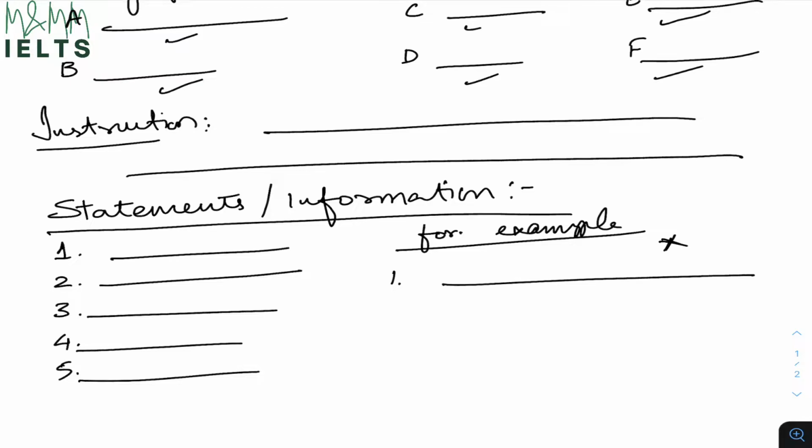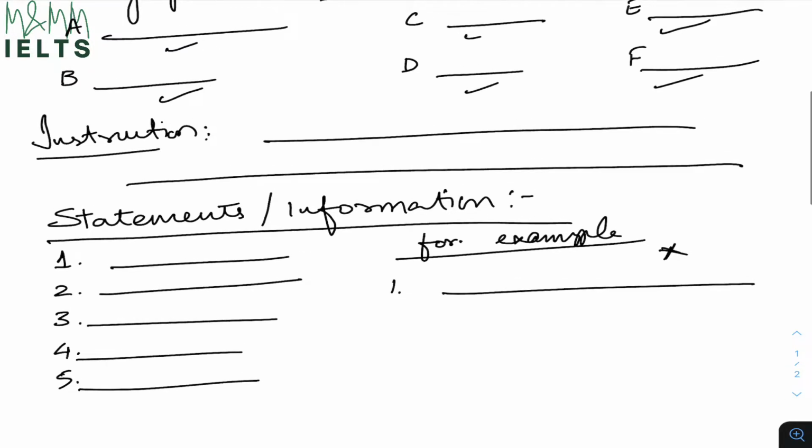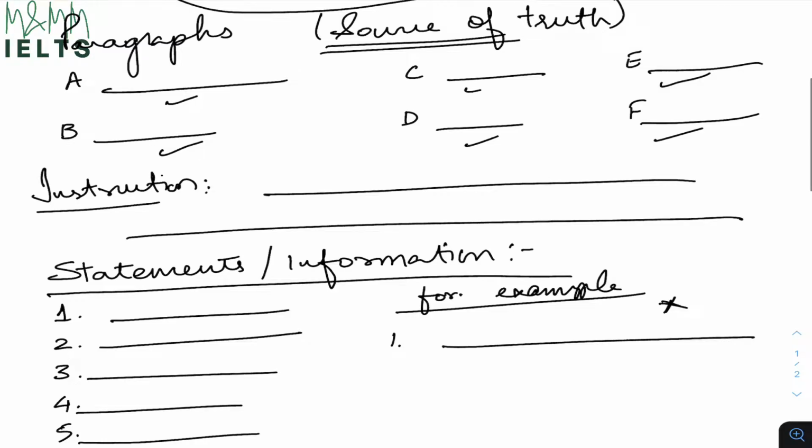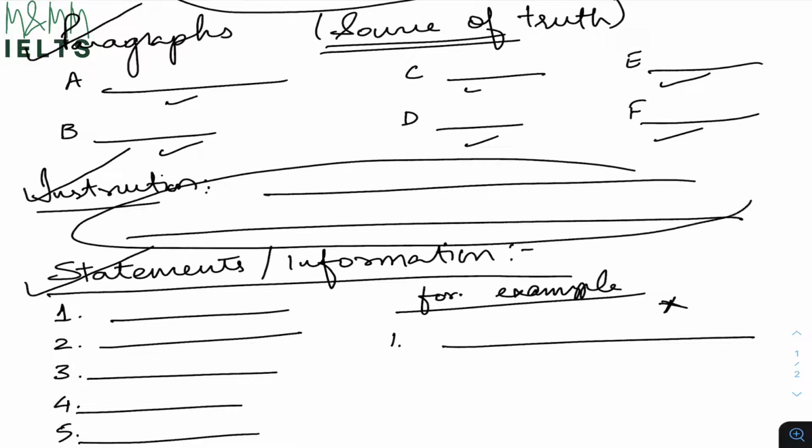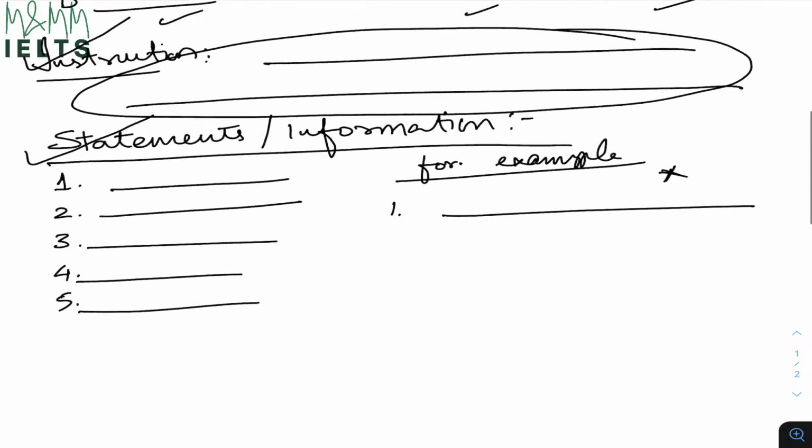Now, the next thing I want to say is, we have 3 important pieces of information here: paragraphs, instruction and statements. The first thing you will read is the instruction. That's the first priority.